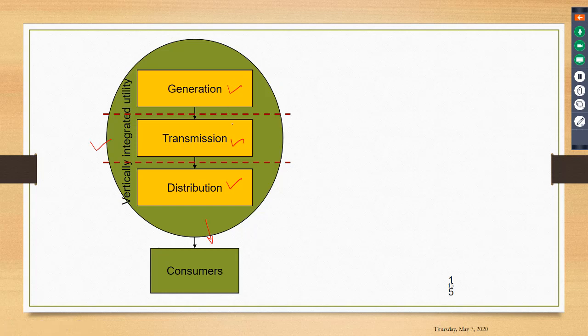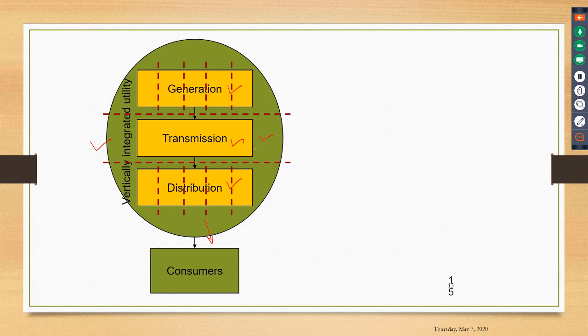Generation, transmission, and distribution were segregated, and then in generation also the disintegration took place vertically, and competition was introduced. Similarly in distribution also, disintegration took place, and competition was introduced. But transmission remained a monopoly, because it is difficult to introduce competition in transmission because of certain issues, like right of way issues.